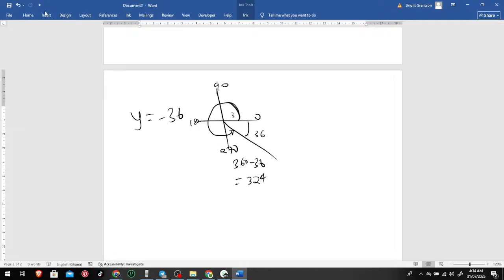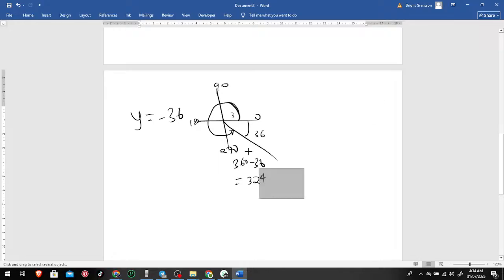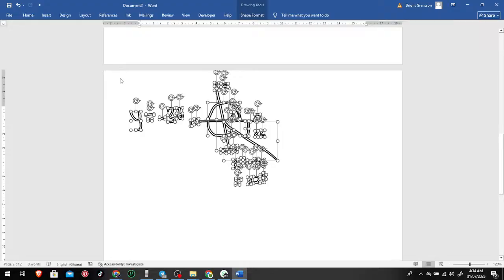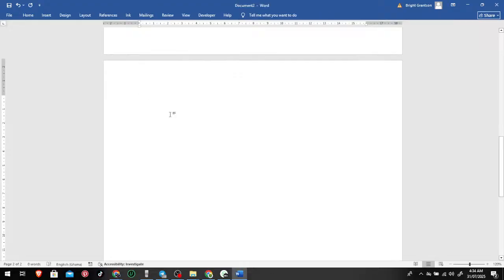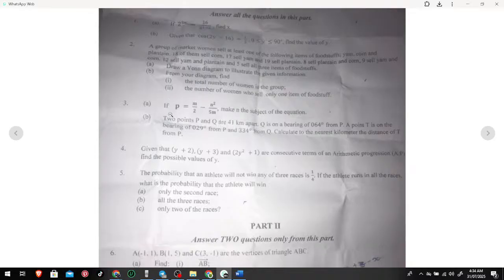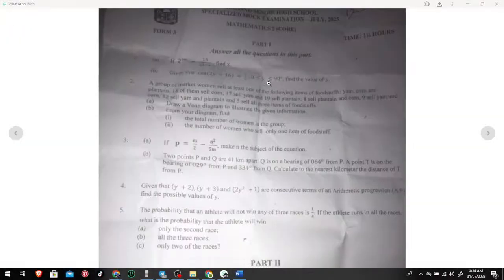Let's solve for the next question. Yeah, these questions I've not gone through. I'm just seeing them today. I saw them yesterday, but I just glanced through. How were the questions yesterday? Oh, at least the person is screenshotting.